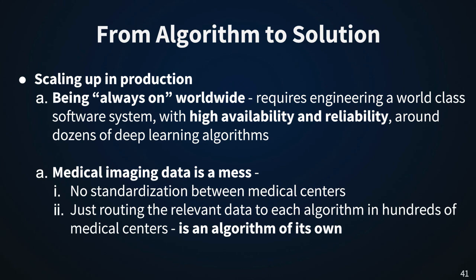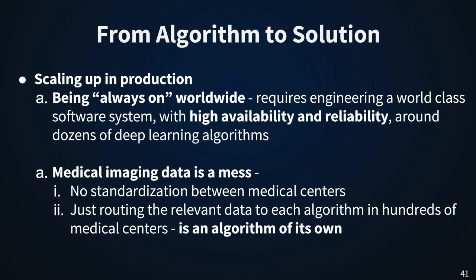And another challenge for scaling up in production is something that I already mentioned a little bit, is that medical imaging data is a complete mess. There is no standardization between medical centers. And many of the fields inside medical imaging data, inside DICOM files, for those of you that know it, change because of typos that the technicians that acquire the CT scan make.